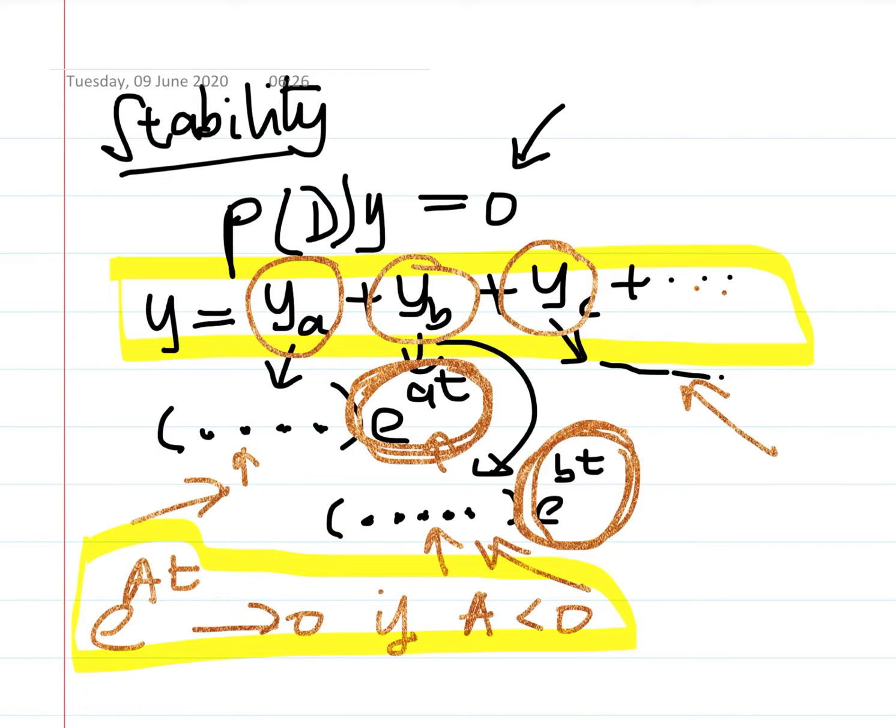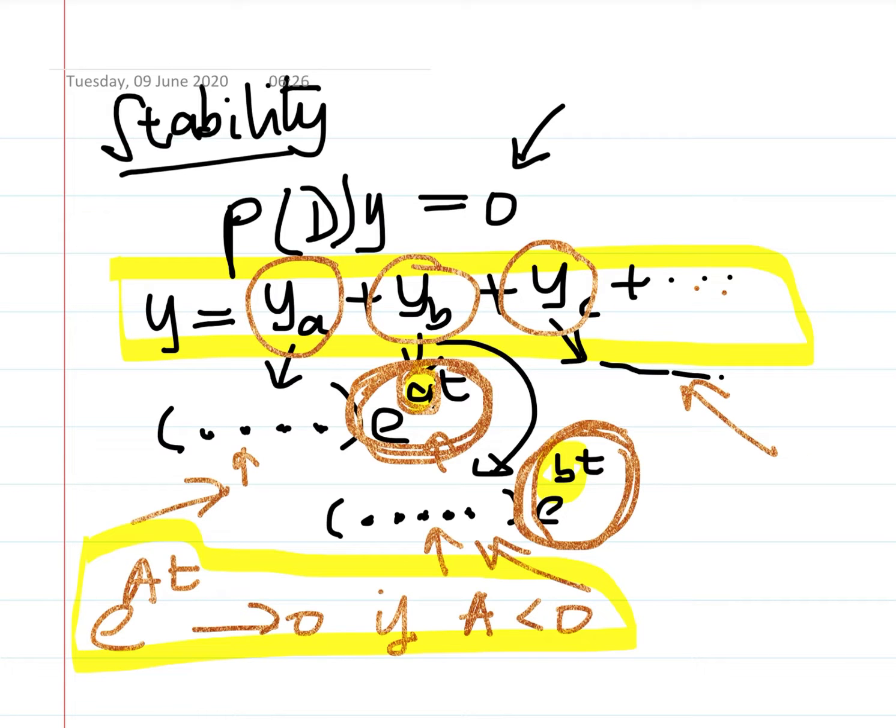It means then that in each of these individual parts, the exponentials would have to be such that this coefficient of t, let me highlight that even more, that little a there has to be negative, this little b here has to be negative, and in each one, the exponential part of the term would be such that this factor, little a, little b, little c, etc., would have to be negative.